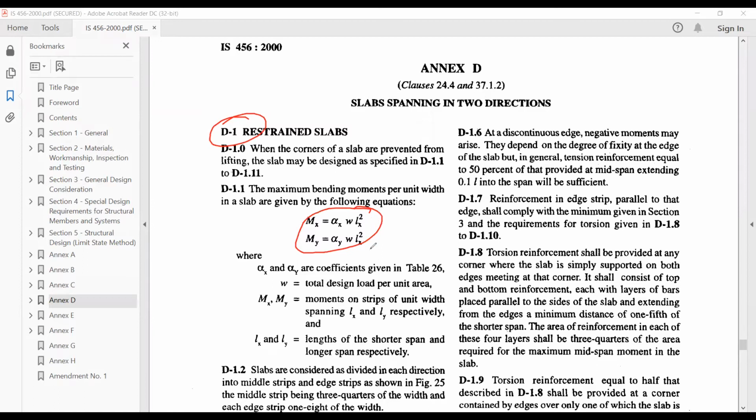Although these formulas are the same as for simply supported slabs, the only difference is the value of alpha x and alpha y, and that is what we are going to calculate here. And the other clauses, you can see, are all used in preparing the lecture, and all the points I have mentioned in the lecture are based on these IS code recommendations.